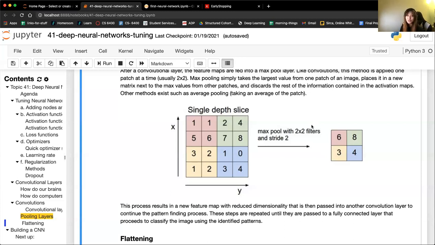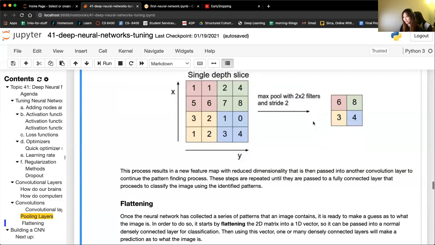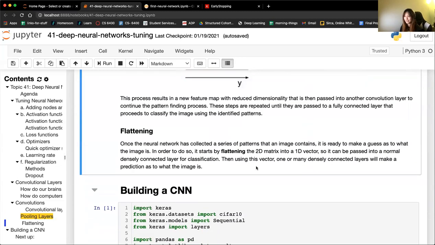So every convolutional neural network that you're trying to make a prediction with has a flattened layer. And we'll actually see an example in a little bit. But you have this flattened layer that just takes a 2D matrix and just strings it out into a 1D vector. All it does is it starts with the first row and just strings the next row and next row onwards to just get a 1D vector. Just so it can be passed into a normal, densely connected layer for classification.